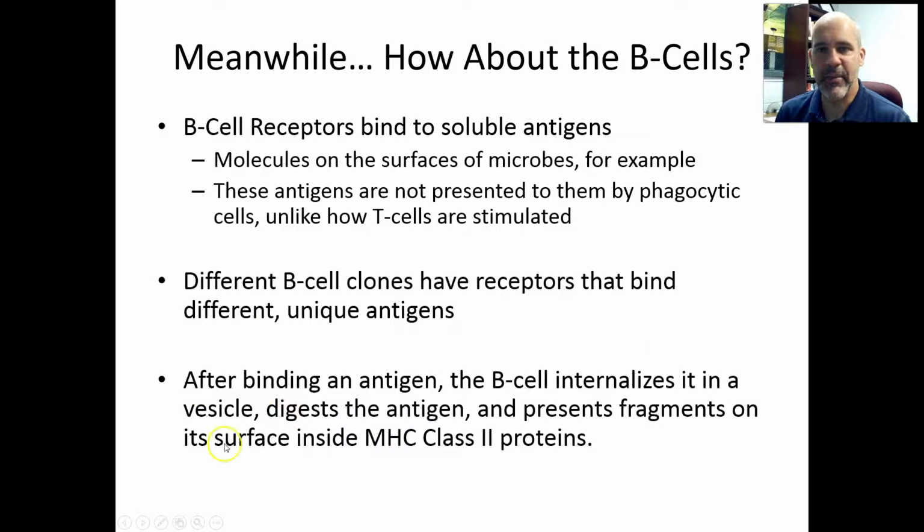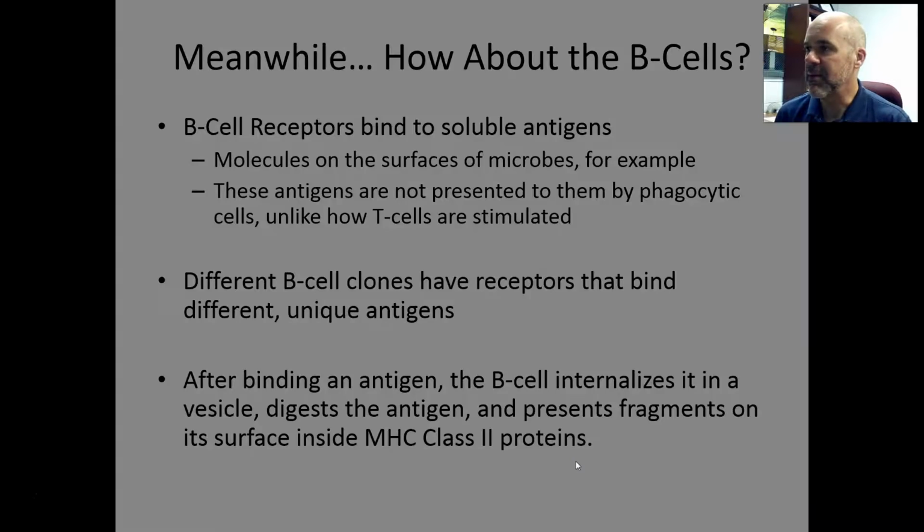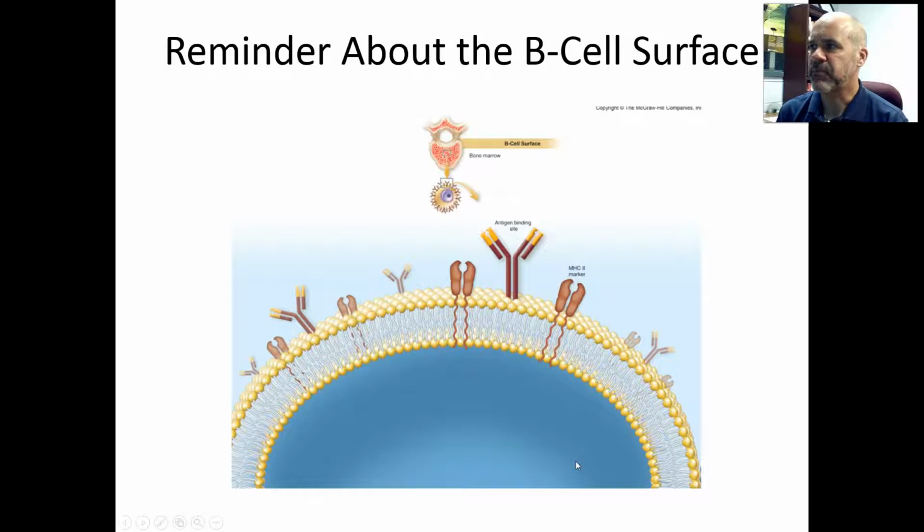And why is that happening? So where did we see that before? So we just mentioned that MHC class II proteins are present on cells that show antigens to helper T cells to try to stimulate those. And so we'll see why this is for B cells shortly.